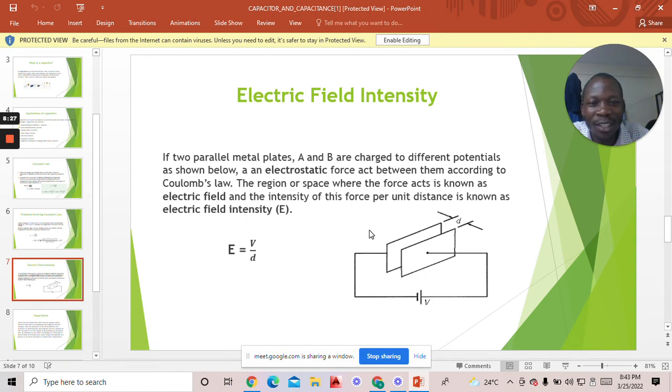In our diagram here, electric field intensity, denoted by capital E, is given by the potential difference between the two plates, represented by V, divided by the separation distance, the small d.